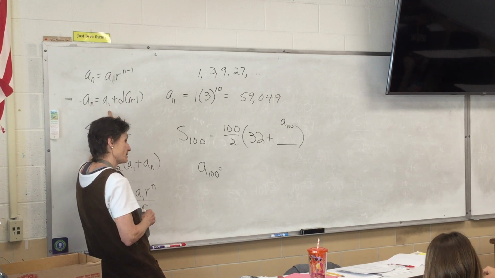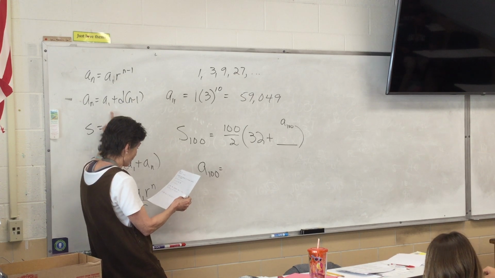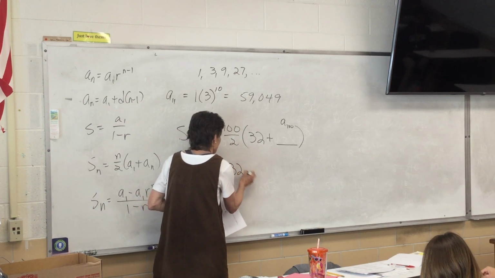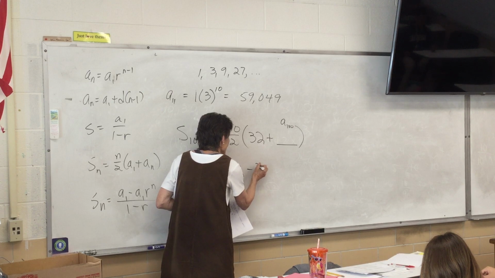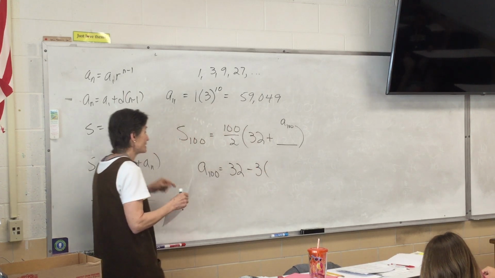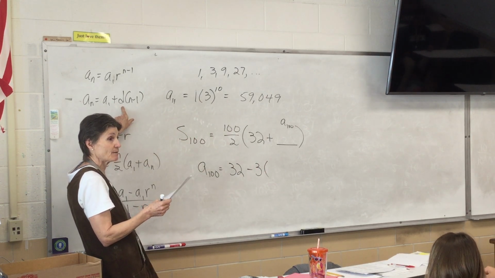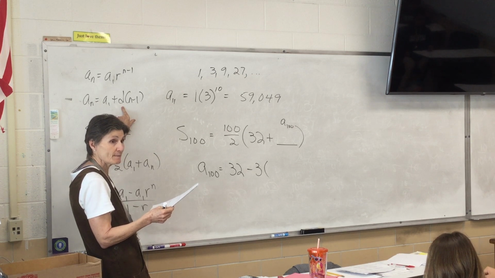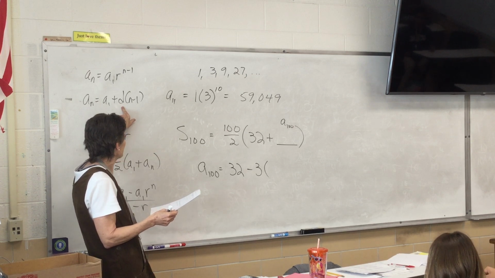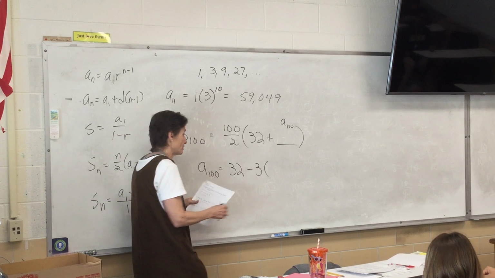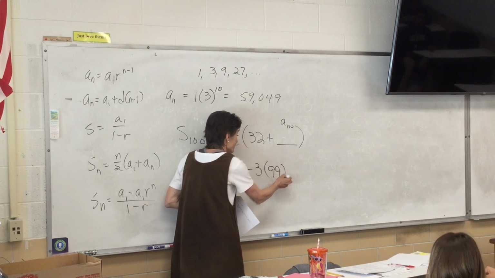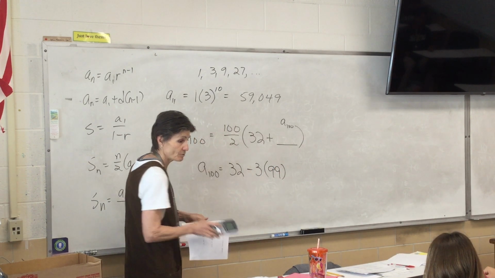So this formula says the first term, which is 32, minus D, so plus D, but D is -3. You said I'm adding -3. And then N minus 1 would be 99. 100 minus 1.